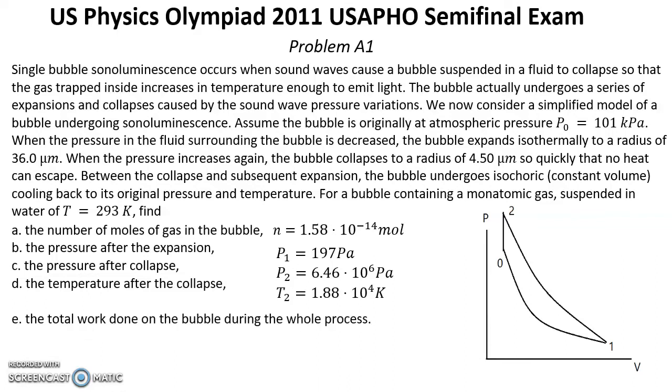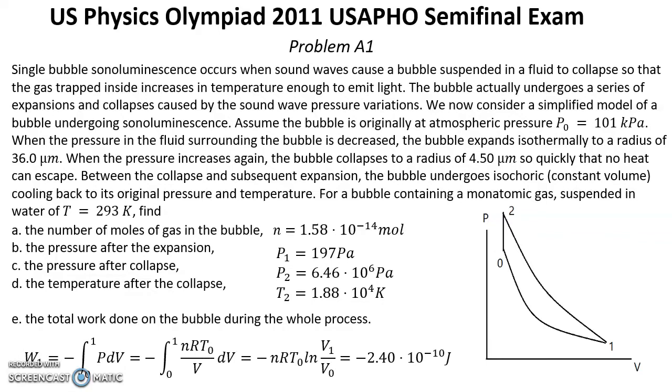And the last question E. The total work done on the bubble during the whole process. So during isothermal expansion, the gas is doing positive work from point 0 to point 1. It means that on the gas there is negative work, which we mention by a negative sign.